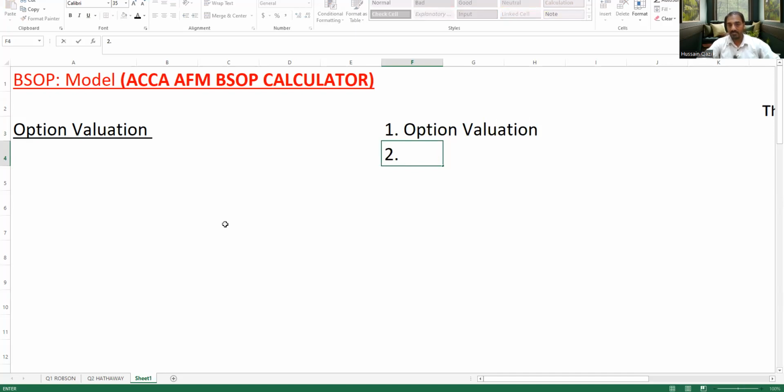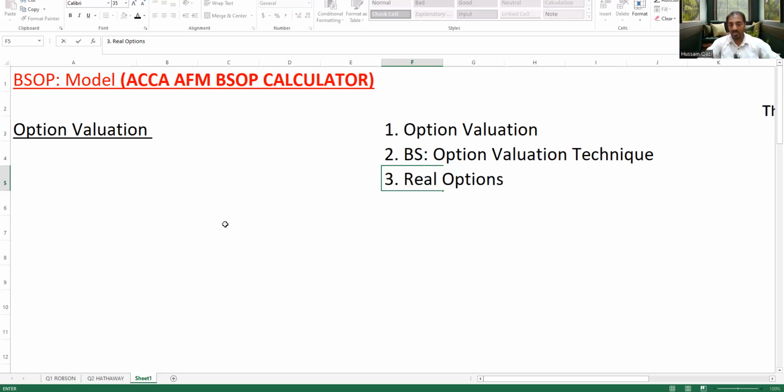Number two, how to value by Black-Scholes, meaning Black-Scholes option valuation maths. Number three, how real options use the Black-Scholes option pricing model. Real options is an independent topic, and real options use the valuation methodology that's BSOP.